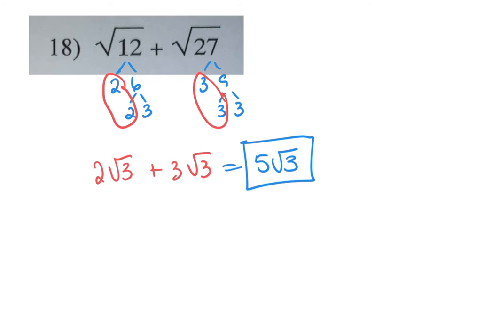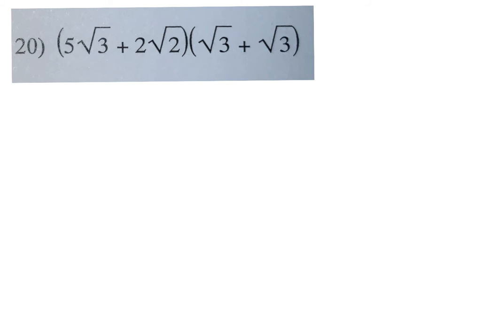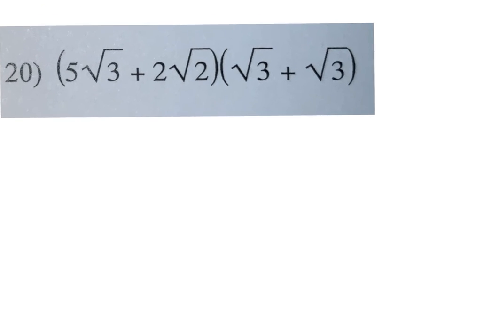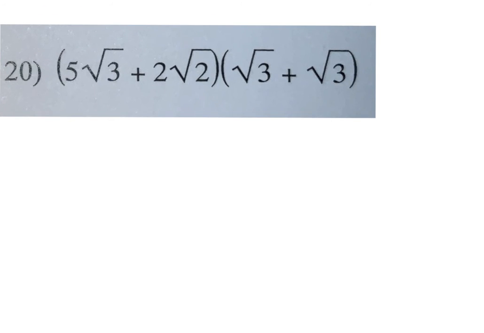I do want to say if they had coefficients already, just multiply anything that comes out by what's already outside. All right, so if they had coefficients, whatever comes out is multiplied by the coefficient. Okay. So when I have something like this, I am simply going to FOIL. You just have to remember your rules of multiplying radicals, okay? All of the index on these are the same, so we're not going to have any issues.